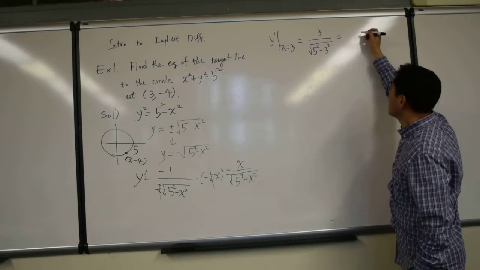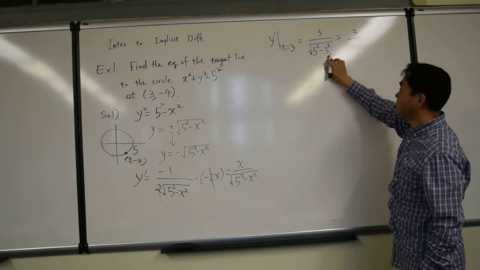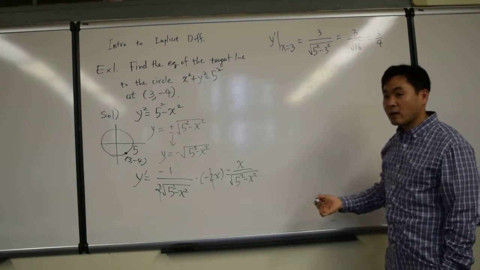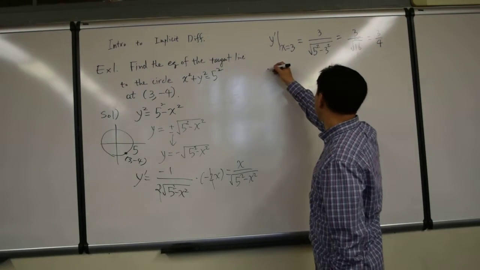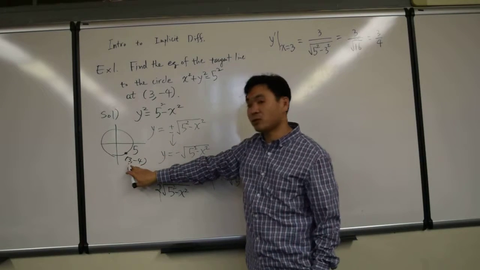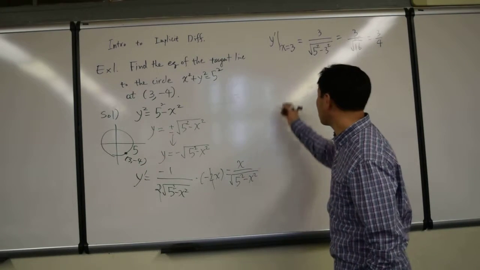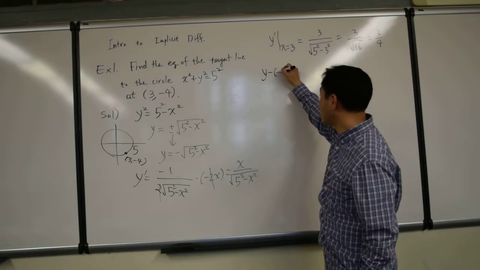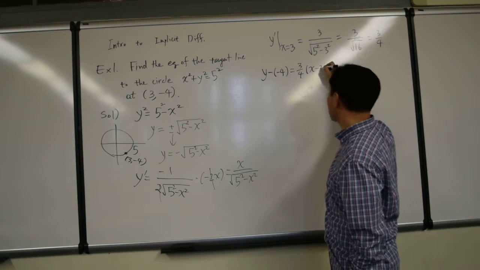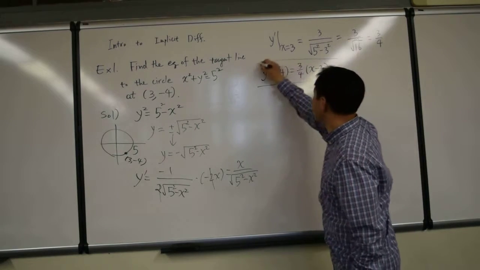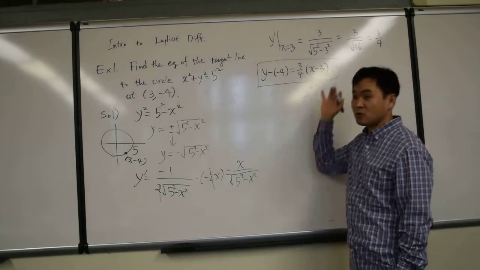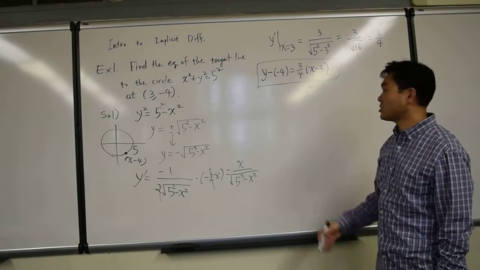It's 3 over the square root of 25 minus 9, that's the square root of 16, which is 3 over 4. And at the end of the day, you have the slope 3 over 4, point (3, -4). So if you use the point-slope form, it's y minus negative 4 equals 3 over 4, x minus 3. That's the answer. If they want the slope-intercept form, you should solve for y, but it's not that hard.